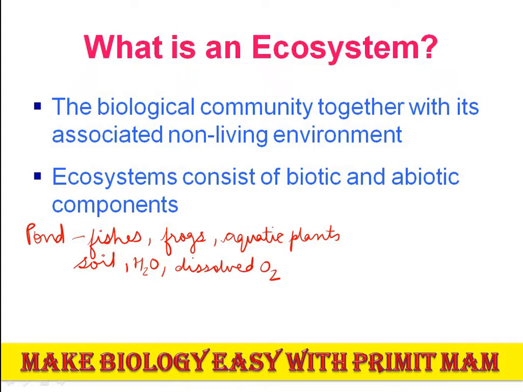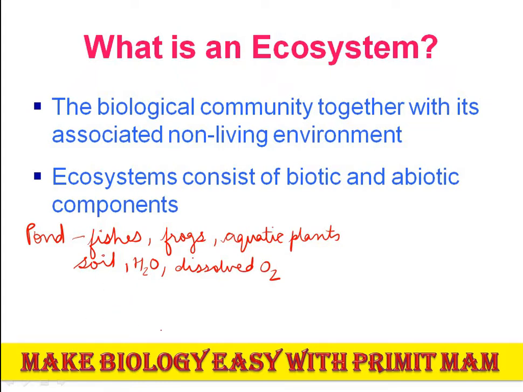Ocean is also an example of ecosystem. So there are several ecosystems present on the earth, and inside each ecosystem, the living and the non-living components constantly interact with each other. Okay, so ecosystem is the biological community together with its associated non-living components.